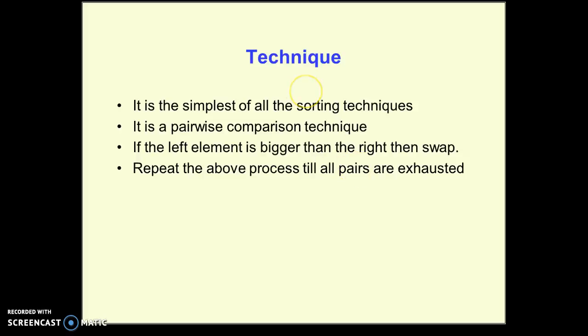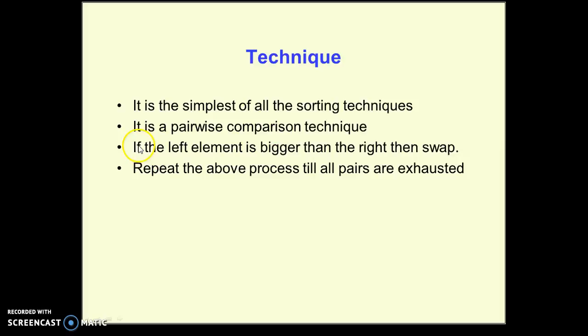Now let's understand what is the technique that the bubble sort algorithm follows. As you can see, it is the simplest of all the sorting techniques. The base logic is comparison, in the sense that it is a pairwise comparison technique. We will understand what pairwise comparison means in a very short while.